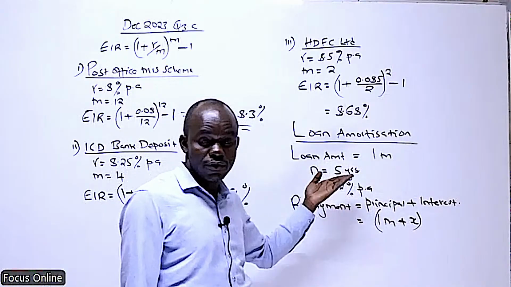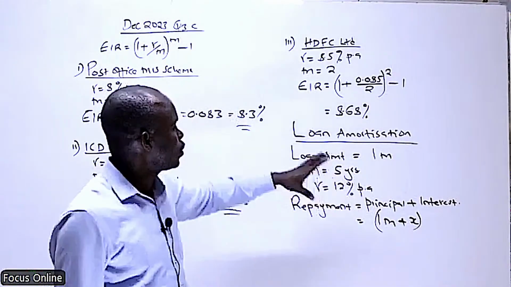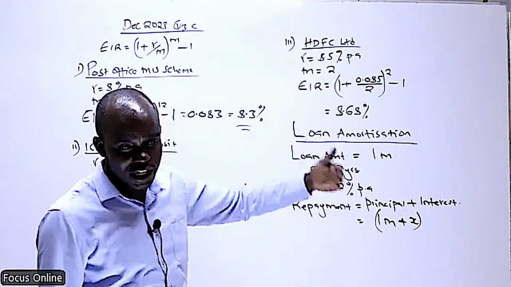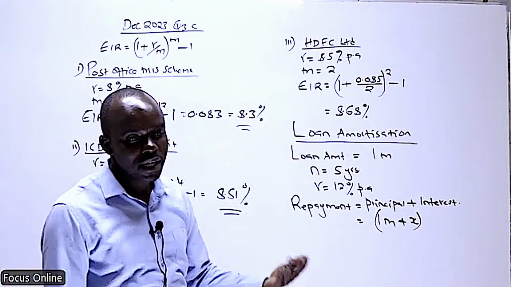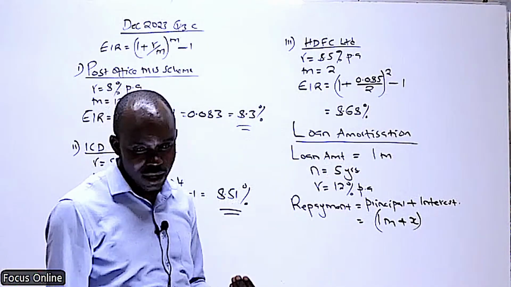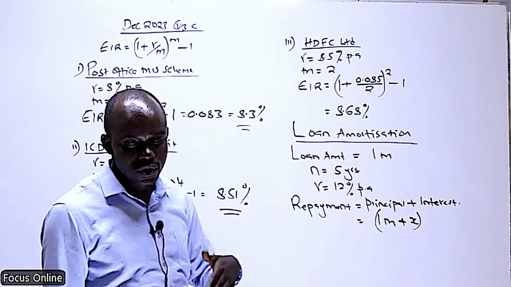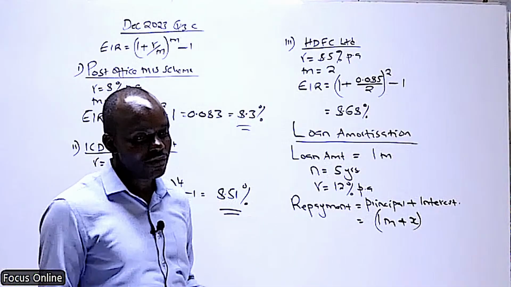So I'm saying the loan amortization schedule helps us to determine the amount of installment payable by a borrower to the lender to exhaust a loan amount within a given period of time.